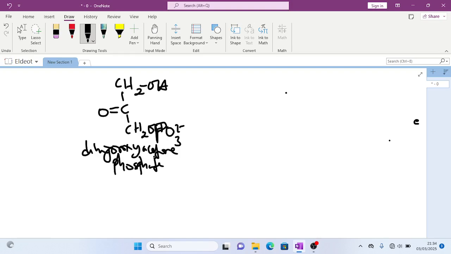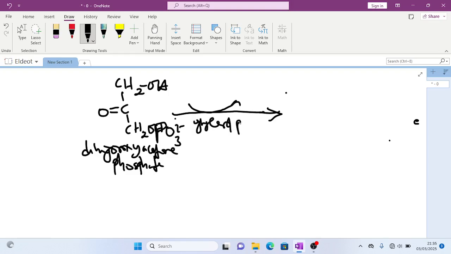Dihydroxyacetone phosphate is an important raw material for forming glycerol 3-phosphate, which is also important in generating triglyceride. So what happens in this reaction is that dihydroxyacetone phosphate is going to be acted upon by the enzyme glycerol phosphate dehydrogenase.